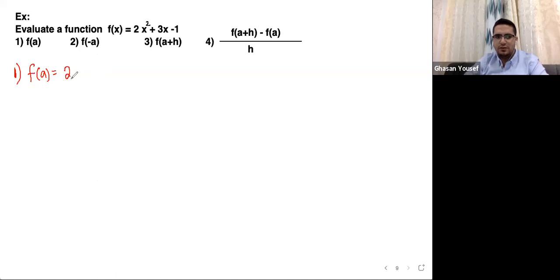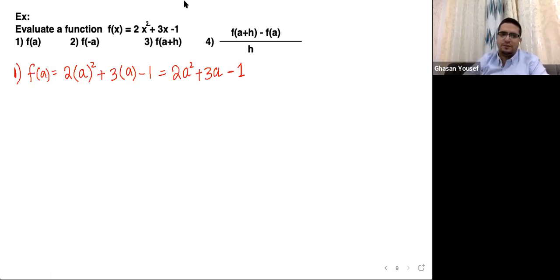So I get 2 times a squared plus 3 times a minus 1. Now we have to simplify the answer: 2a squared plus 3a minus 1. So we're done for the first one.